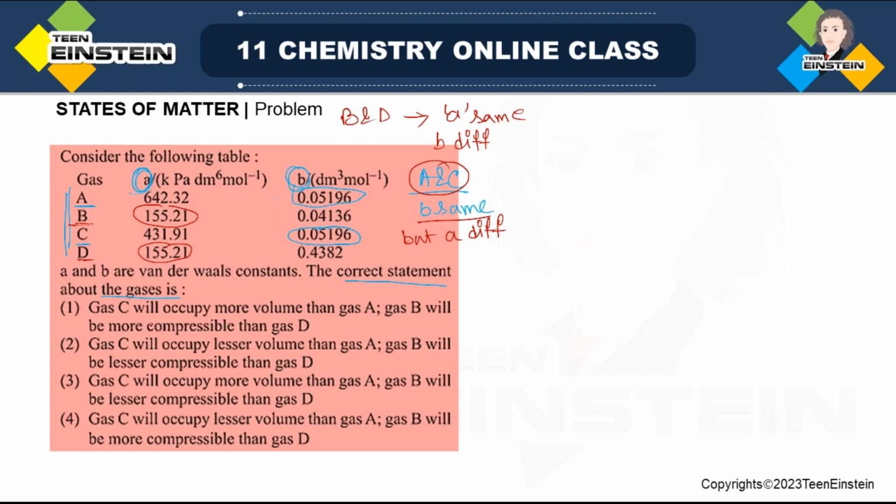So if you look at these options, option 1 and 3 say gas C will occupy more volume than gas A, while 2 and 4 say the opposite, lesser.